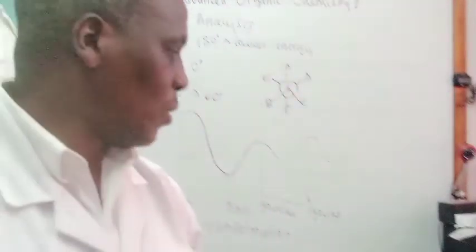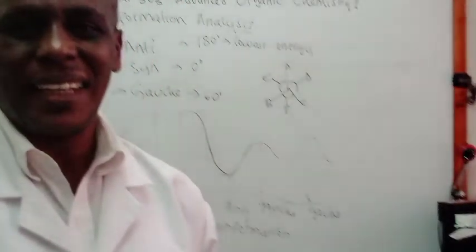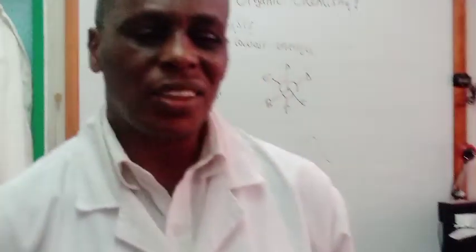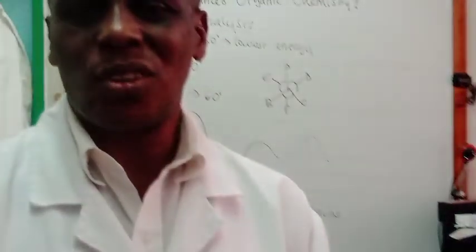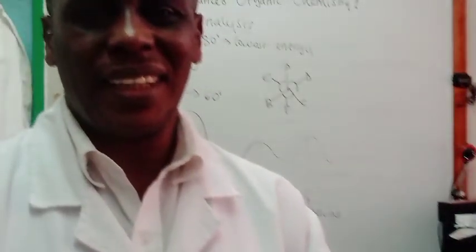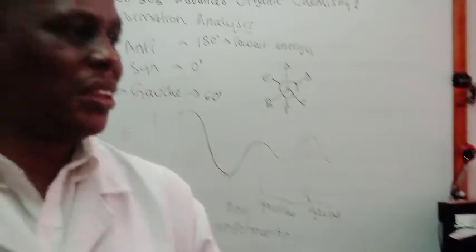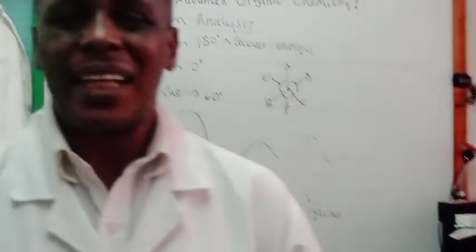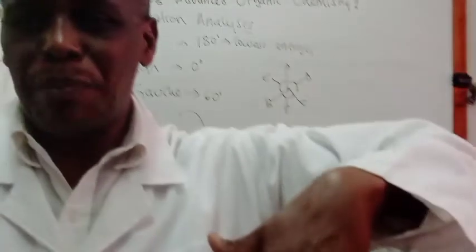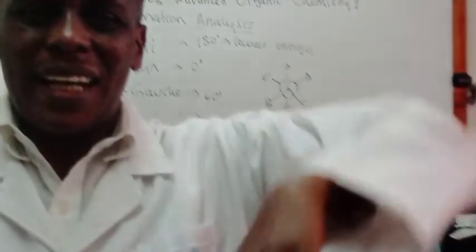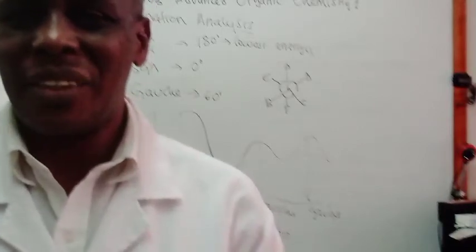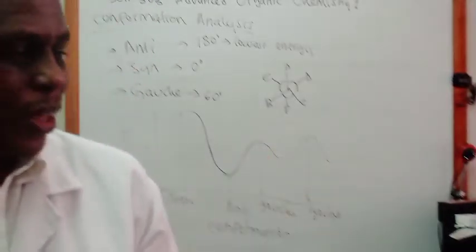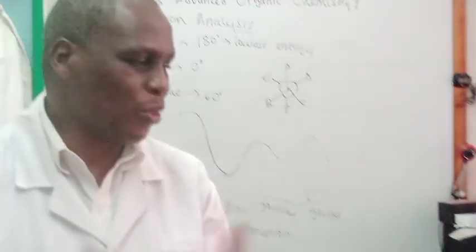So that's what I'll be looking at in the next video, the ring systems that contain the six-membered ring. We'll be talking about the chair and the boat, to see that it actually doesn't have ring strain, and I'll show you exactly how it is.